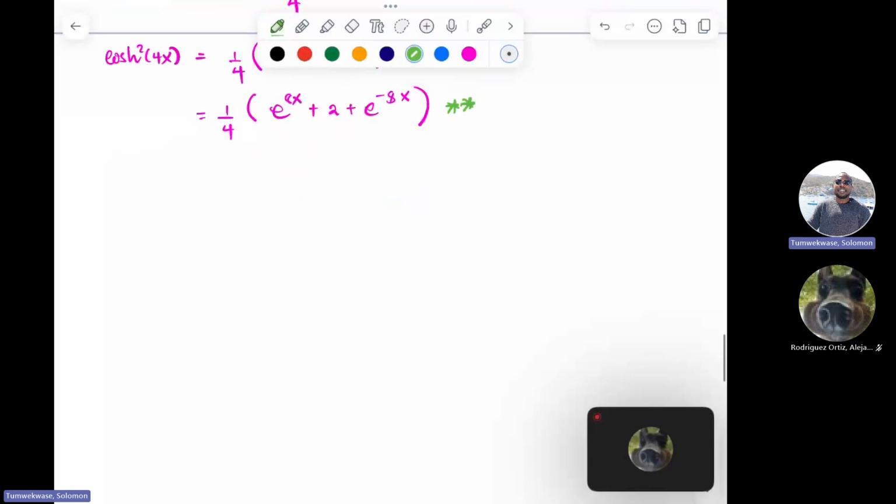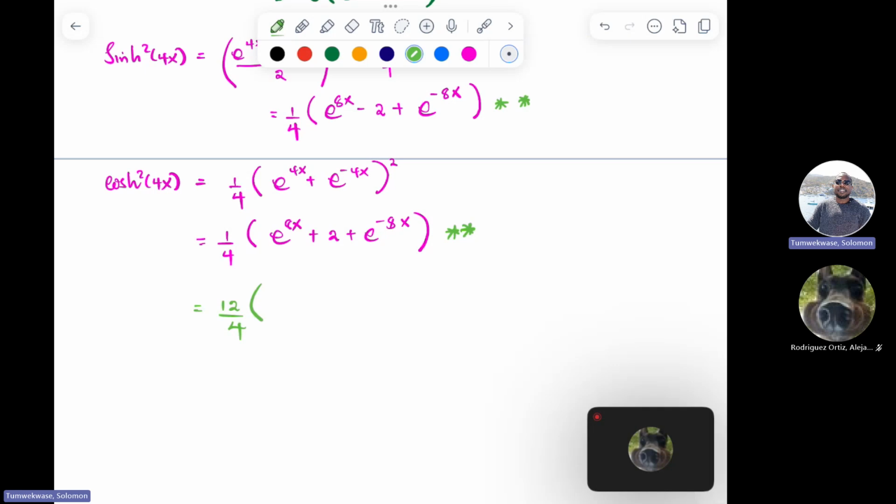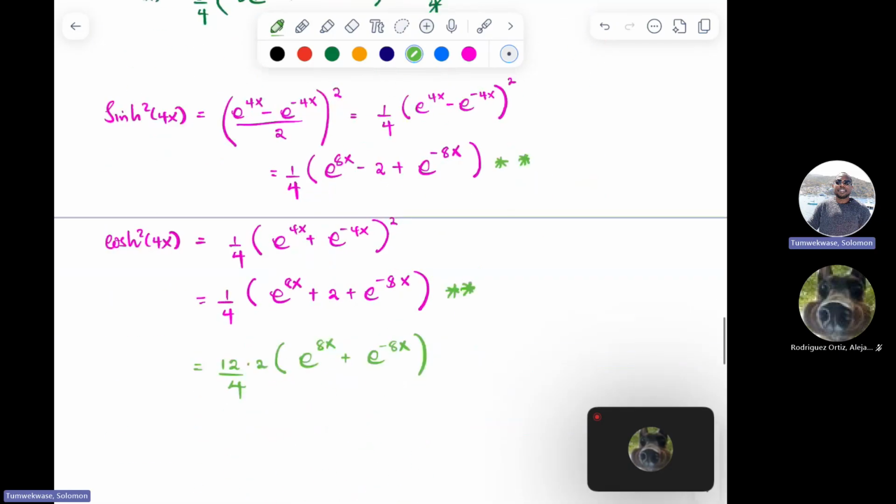So finally what we have is 12 over 4, and when we add up these two expressions, I see that the 2 and the negative 2 will go. This will add up with this to give me a 2. This will add up with this to give me a 2. And therefore, the 2 will come here, then times e to the 8x plus e to the negative 8x.